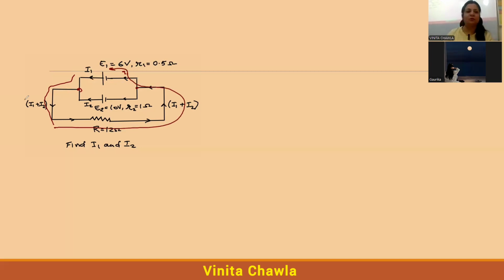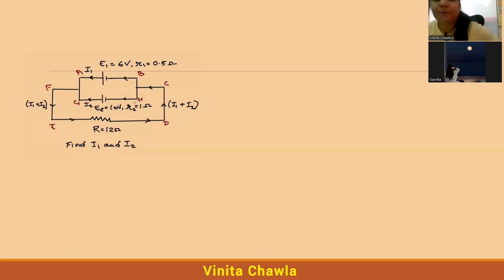We can label it also. You can label it like, label this as A, this is B, this is C, D, E, and F. And this as G, and this as H. We can label it like this. Okay.